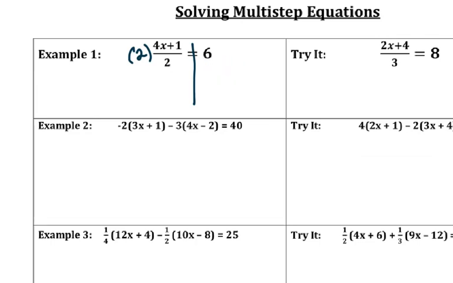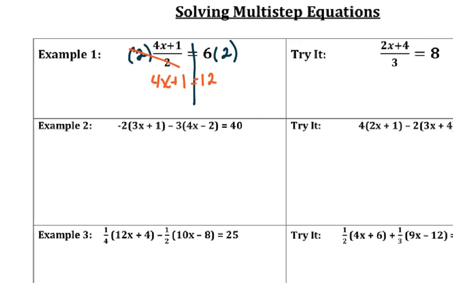So if we multiplied by 2 on the left, we are going to multiply by 2 on the right. Multiplication and division will cancel each other out, leaving you with just 4x plus 1 equals. On the right side, 6 times 2 is 12.